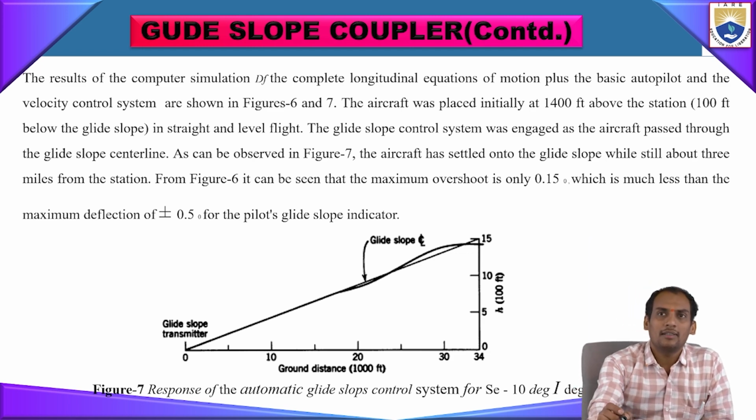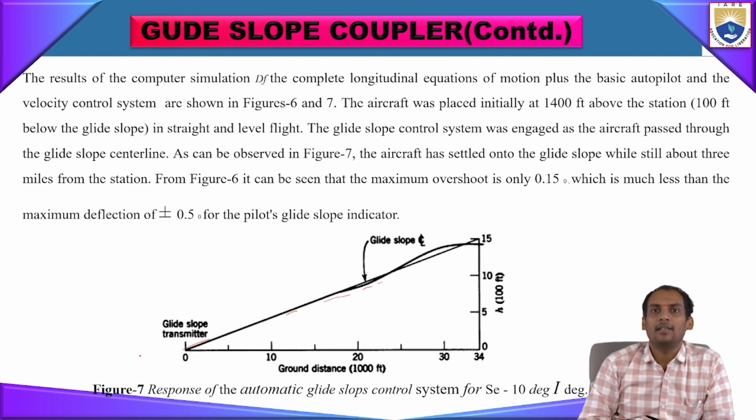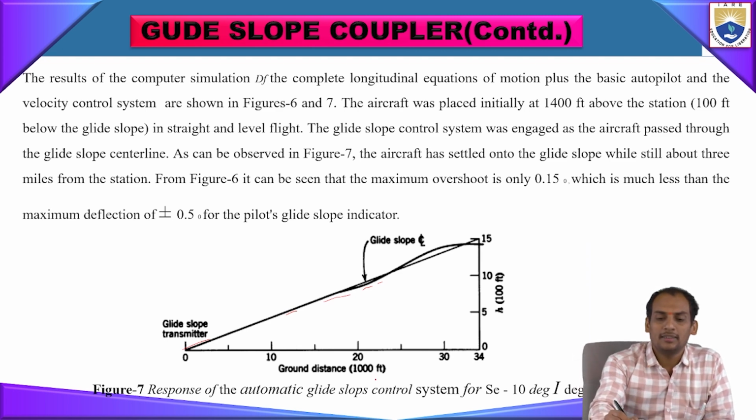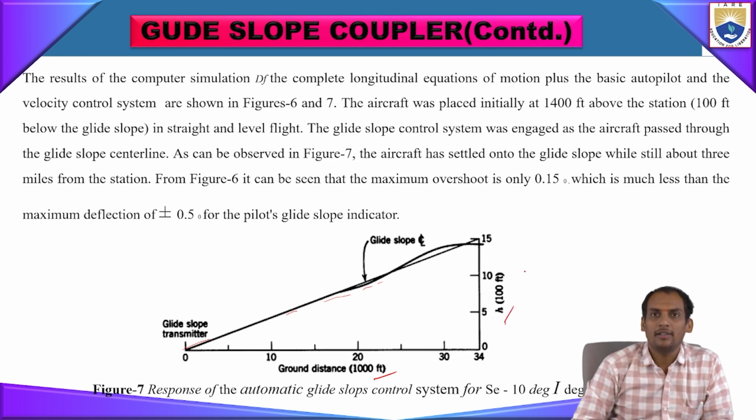See here, initially there is an input, so there was a small damping. After that it approaches the same straight line. Here the ground station distance is around 1,000 feet, so the height is around 100 feet.